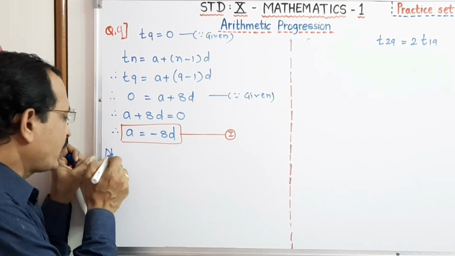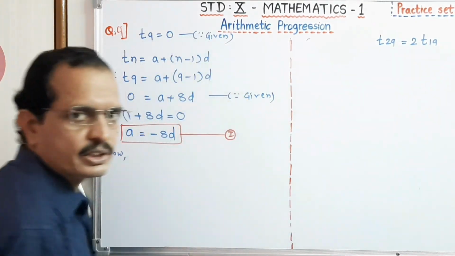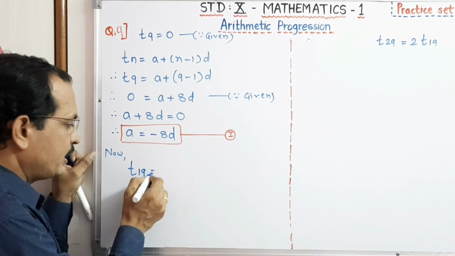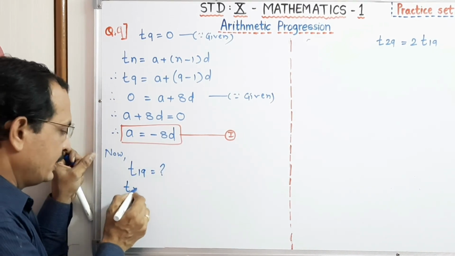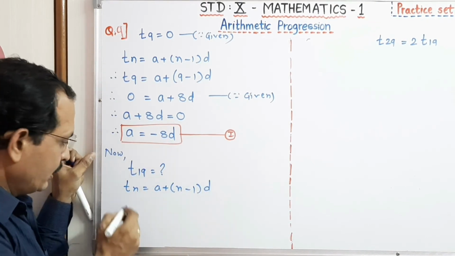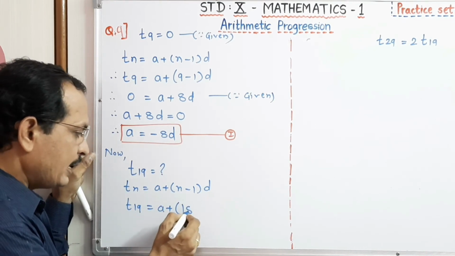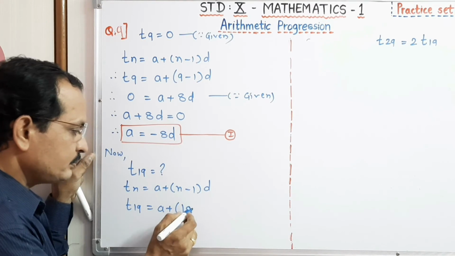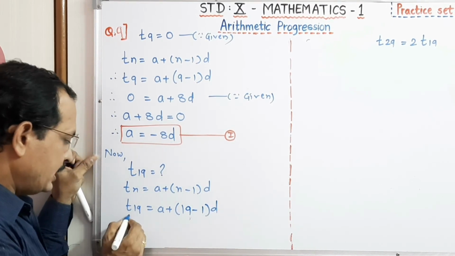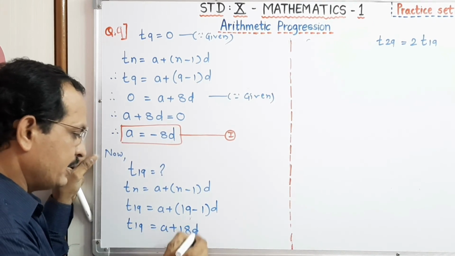Now see here, we got A is equal to minus 8D. Now what we have to write here, the comparison between T29 and T19 is given. Therefore first of all we find out T19. T19 is equal to what? Tn is equal to A plus n minus 1 into D. Therefore T19 is equal to A plus 19 minus 1 into D, T19 is equal to A plus 18D.